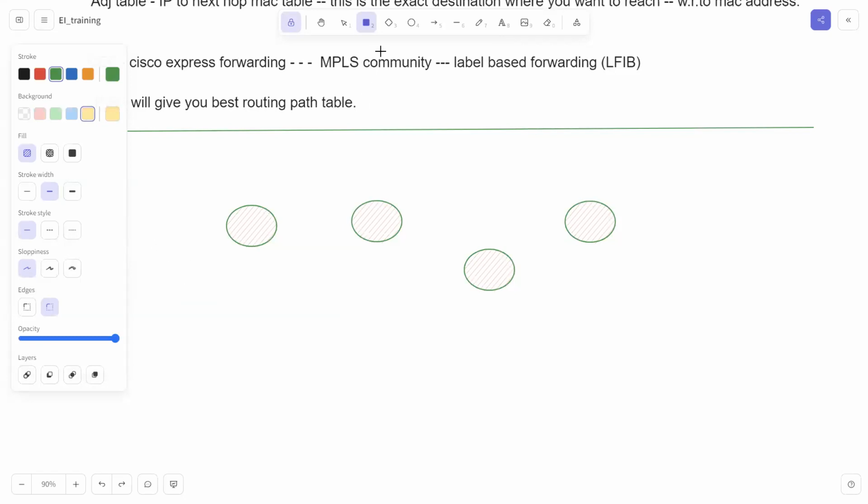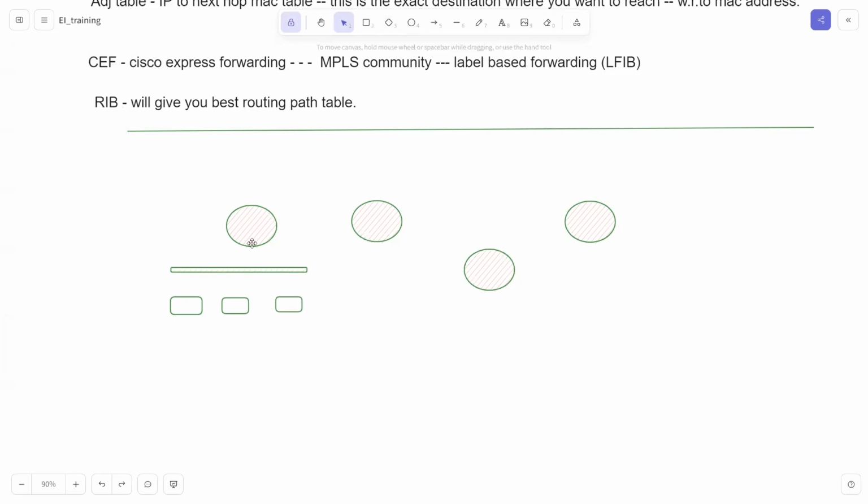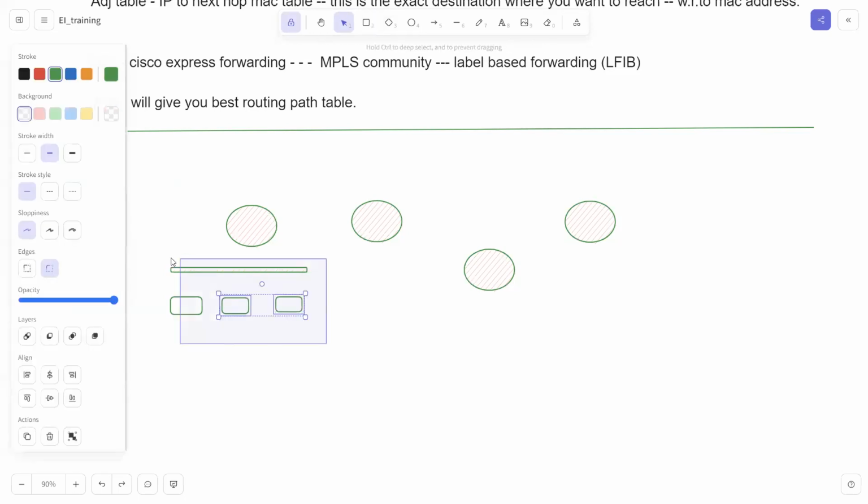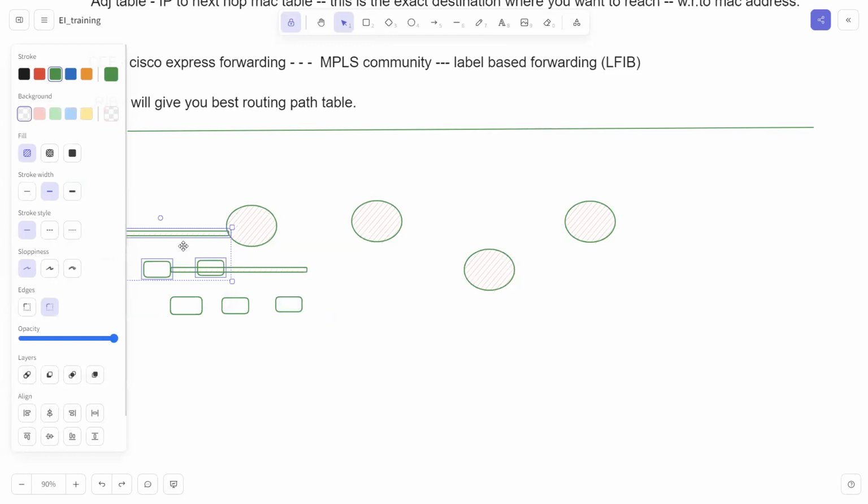So I'll go and draw one LAN switch here. This is the LAN switch. And then I will draw some PCs. Suppose this is PC1, this is PC2, and PC3.